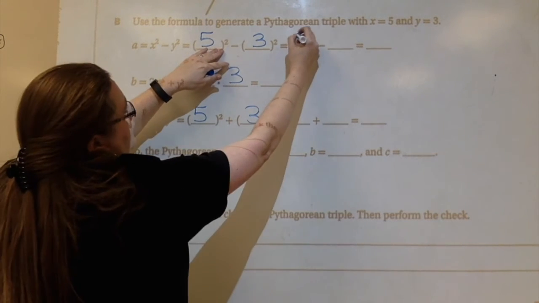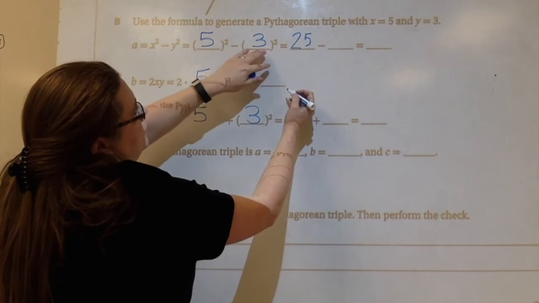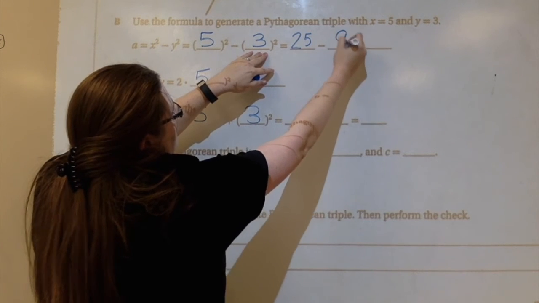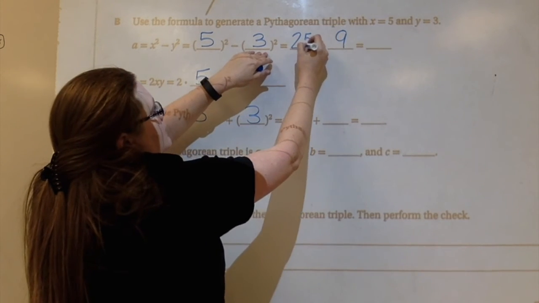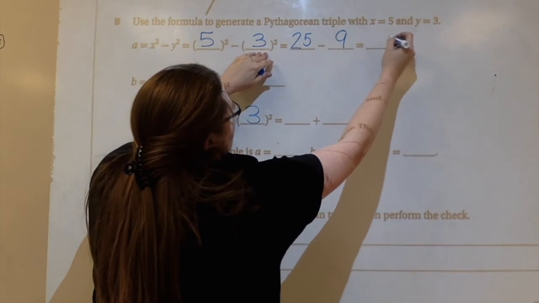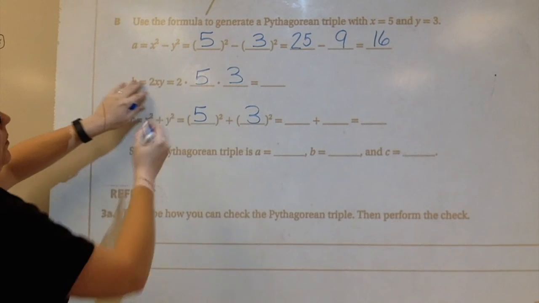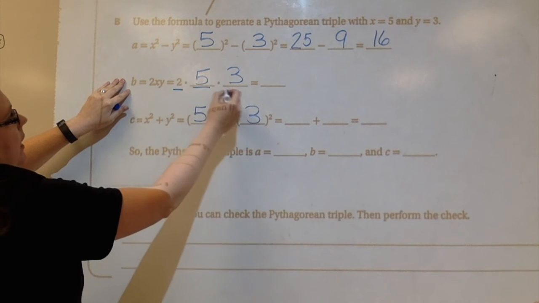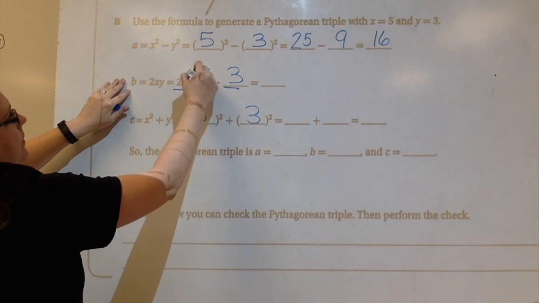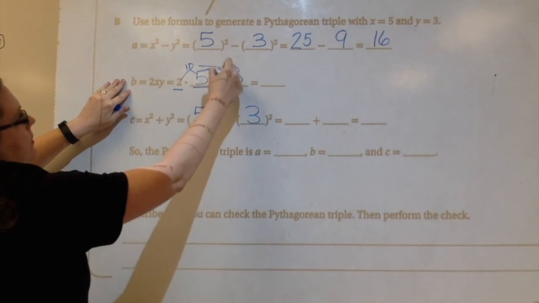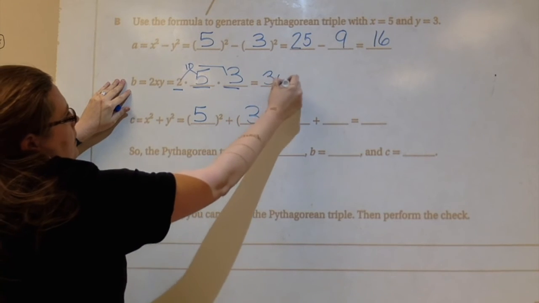5 squared minus 3 squared, 25 minus 9, here we have 2 times 5 times 3. 2 times 5 is 10, times 3 is 30.